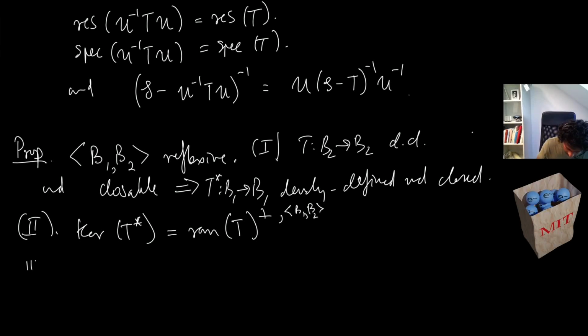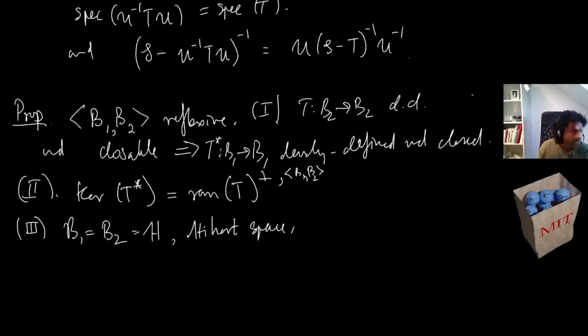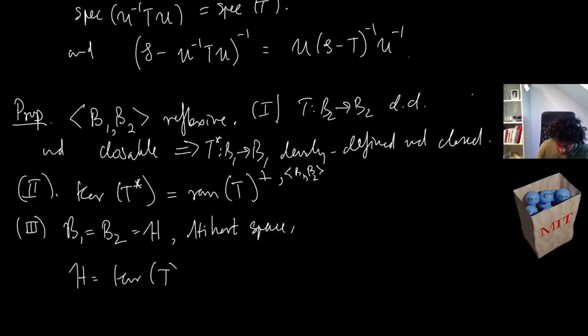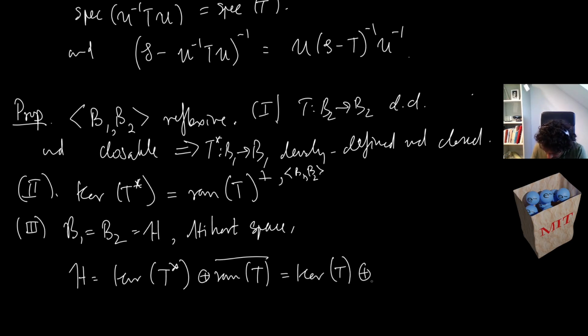And the third point is that if B1 is equal to B2 is equal to H, which is the Hilbert space, then we have that H is equal to the kernel of T star plus the range of T closure, and this is equal to the kernel of T plus the range of T star closure. Okay?